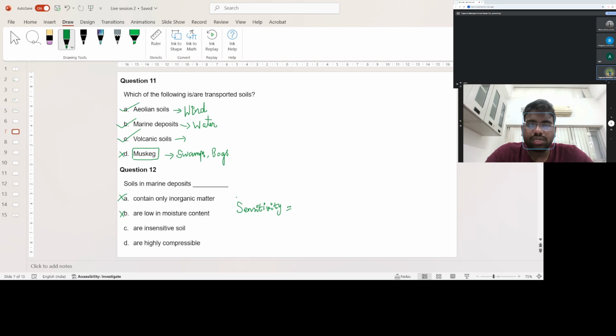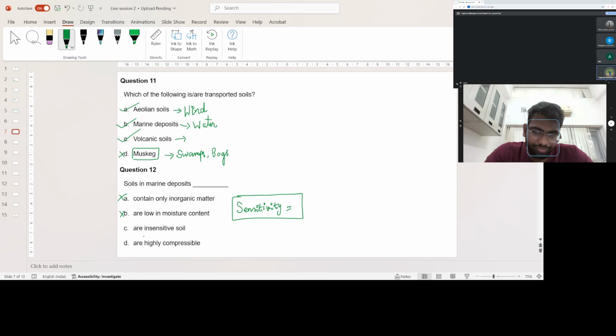So that is sensitivity. As these marine deposits contain various salts among the grains, when you disturb the soil, they get deformed and their strength properties vary to a drastic extent. That is the major issue which the infrastructure in the coastal cities faces.